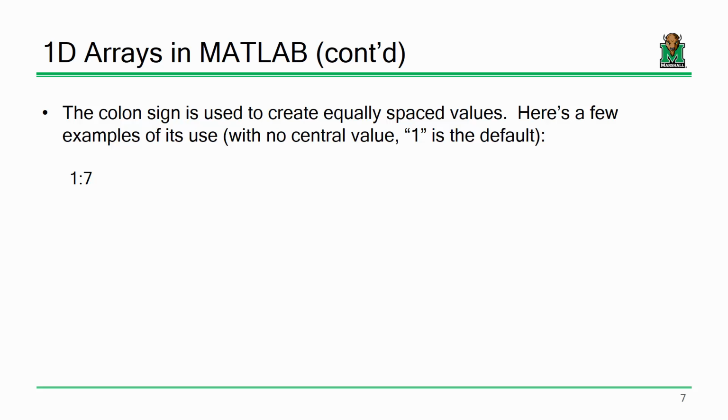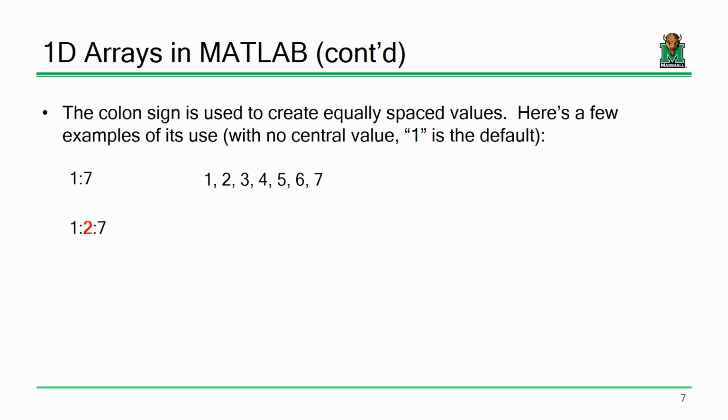what would this mean? If we typed inside of the brackets 1 colon 7, what would that mean? Well, if there's no central value, it's going to do groups of 1. So it would be 1, 2, 3, 4, 5, 6, 7. But now, this is a little bit different.